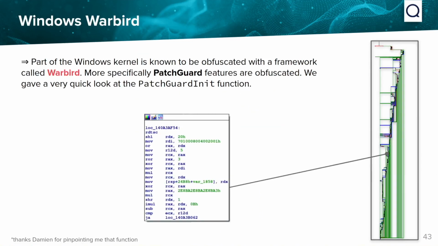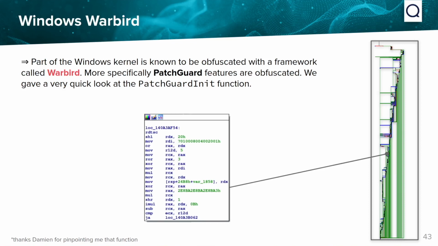The second use case that we've looked at is the Windows kernel, and especially some PatchGuard functions. Those functions in the kernel are known to be obfuscated with a framework called Warbird. I've not looked into the details, but a colleague pinpointed this function to me, and I've looked at the code.